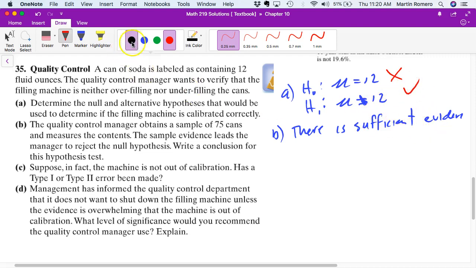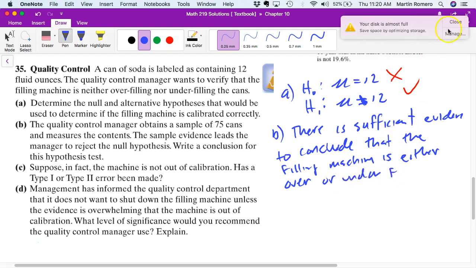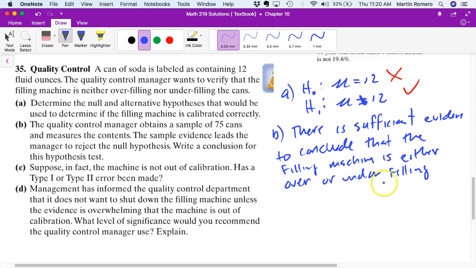So that means there is sufficient evidence to conclude, I'm getting this from our notes, that the filling machine is either over or under filling the cans. So that's what we have there.